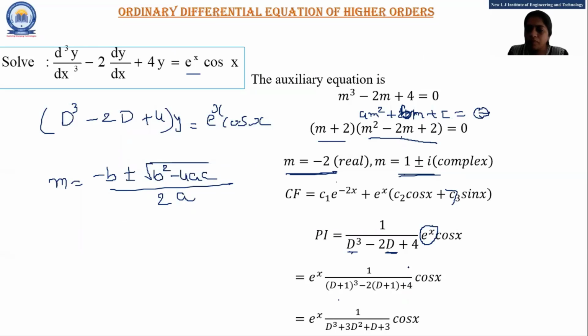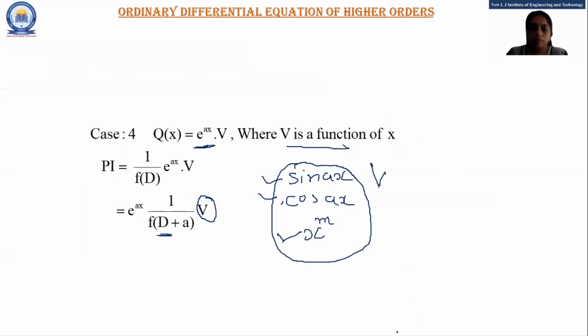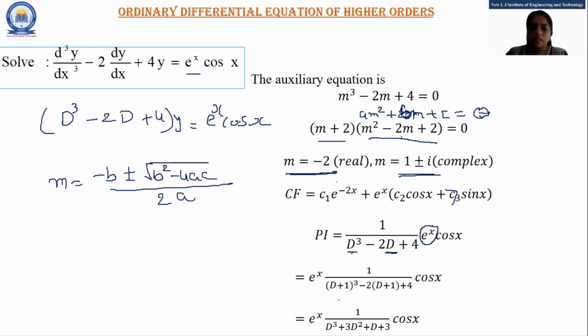Got it, student? See this slide. E raised to ax and to v, then you have to add this a into the D, right? The same thing I am doing here. Here the multiple of x is 1. So I am doing D plus 1 whole cube, and here D plus 1.